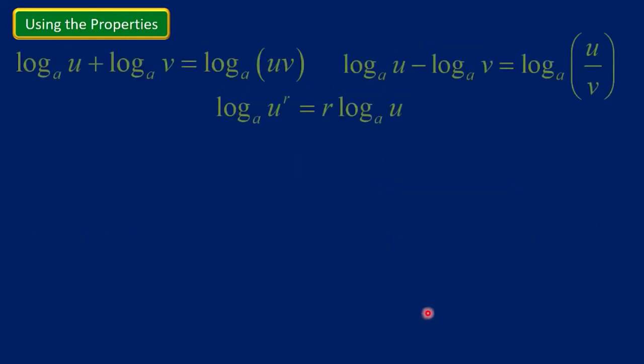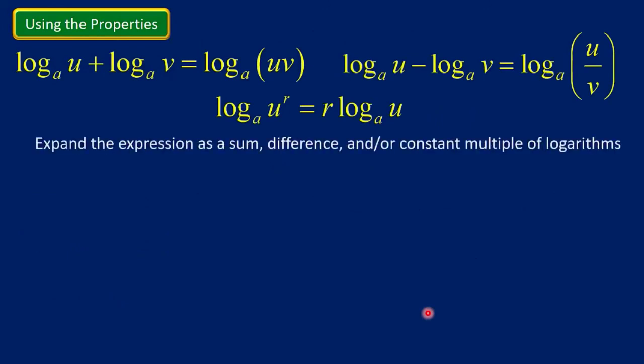Okay. Now, so here's the three properties. Let's go the other way. Let's suppose that we have a log, just one quantity here, and we want to expand the expression. In other words, we want to go backwards from what we just did. So we've got log base 2 of 7x. We write that as log base 2 of 7 plus log base 2 of x.